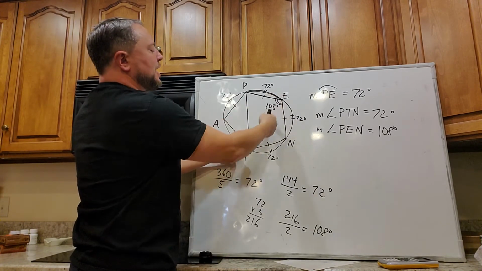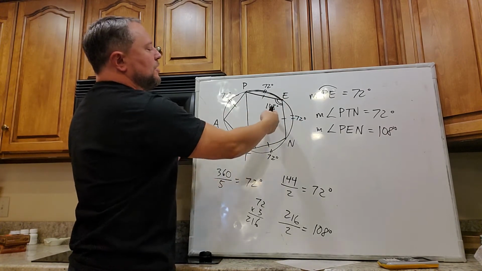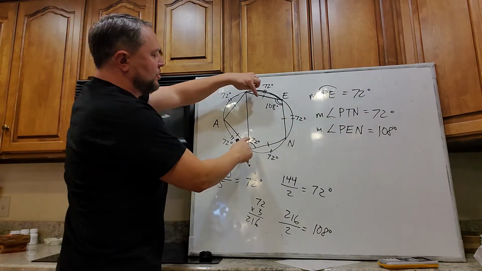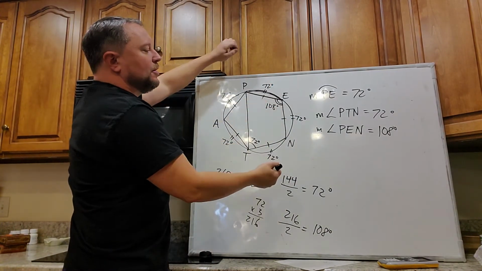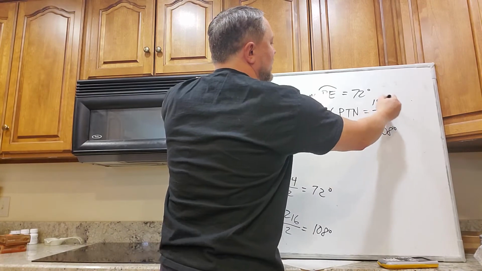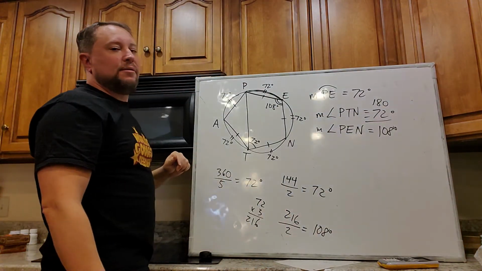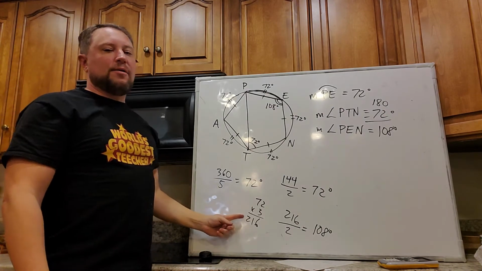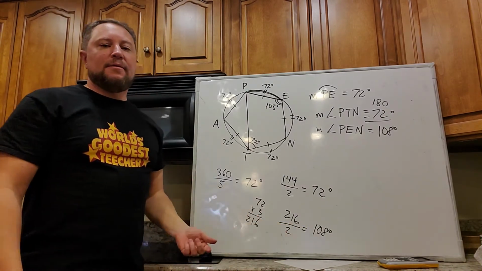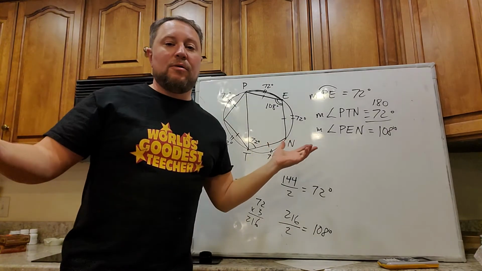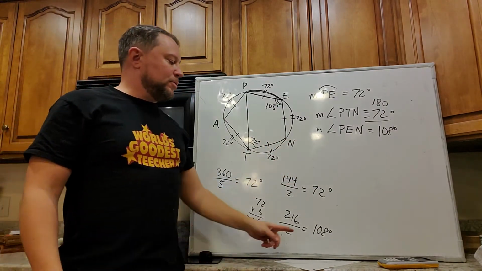These are opposite angles in that quadrilateral. So remember that theorem said that these two should add up to 180. So if you realize that, you could have just said, all right, 72 taken away from 180 is 108. It would have been a little quicker than doing all this work. Either way, though, doesn't matter. Both are correct. They both give you the same result, 108.